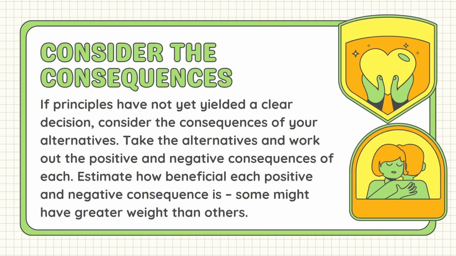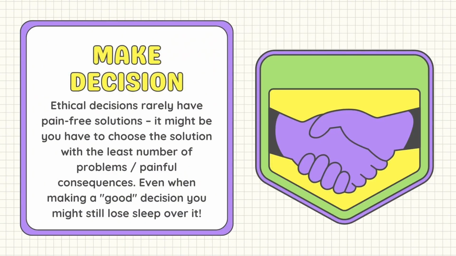Now let's have the final step, step 7, make a decision. This is where you take action after gathering the facts, identifying values, comparing options, and thinking about the outcomes. It's time to decide. Remember, even the right decisions can still feel painful. Moral choices often come with sacrifice, but what matters most is that you made your choice thoughtfully and with integrity.